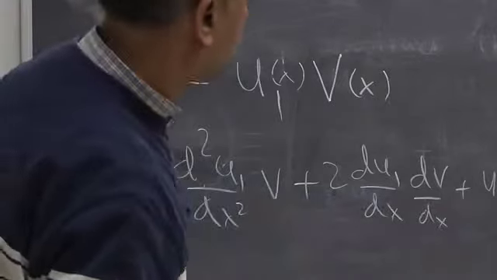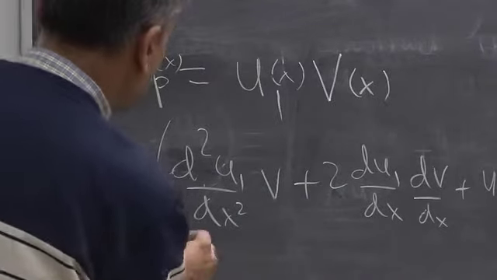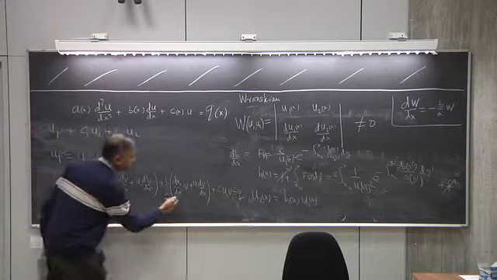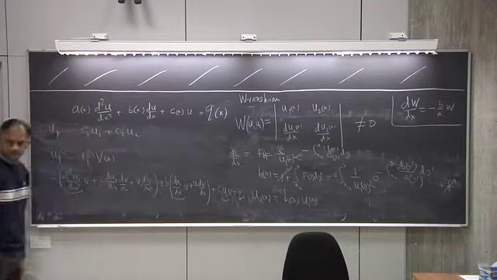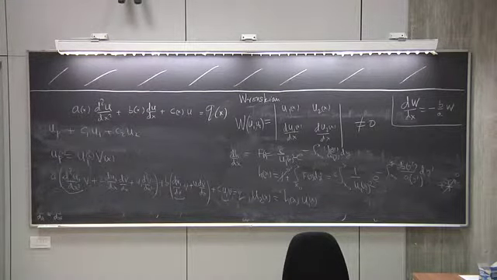So you get this equation. But once again, if you take this term and that term, that is 0, because u1 solves the homogeneous equation.